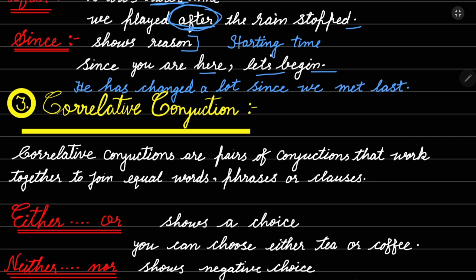So since is used for reason and for starting time too. In the first sentence, since is used as reason, but in the second sentence, he has changed a lot since we met last, it's showing us time.